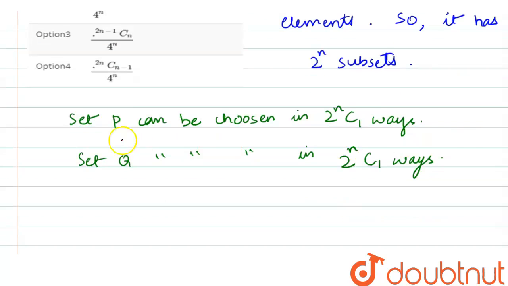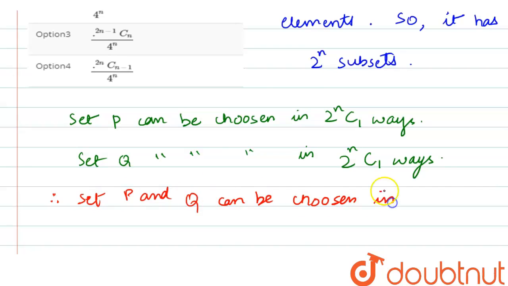So now if we find together in how many ways P and Q can be chosen, we will multiply the number of ways of both P and Q. So sets P and Q can be chosen in how many ways?